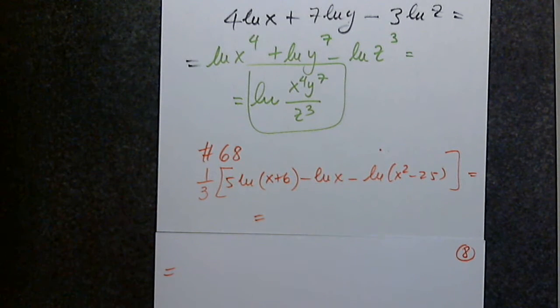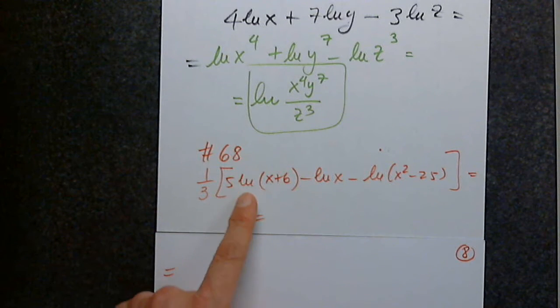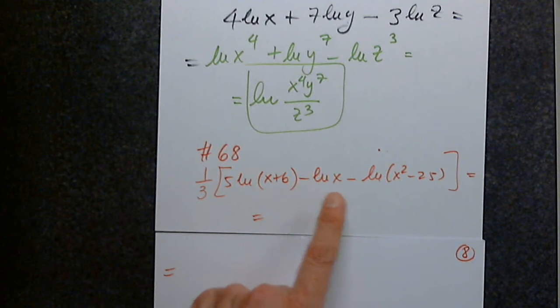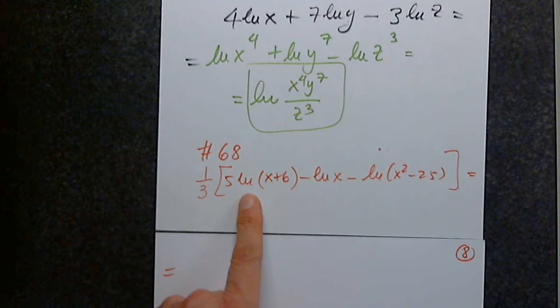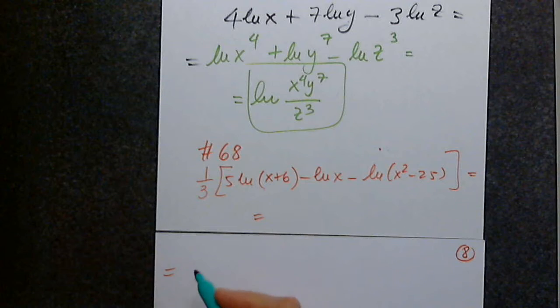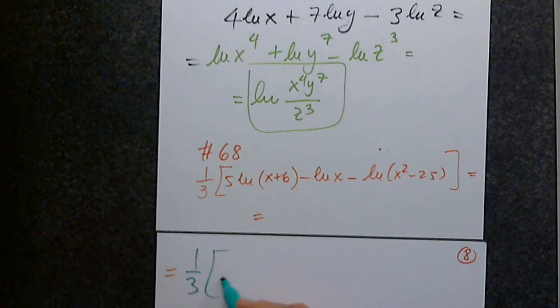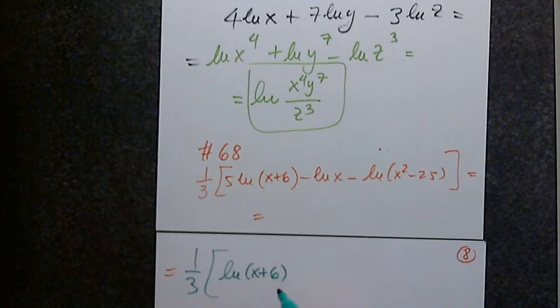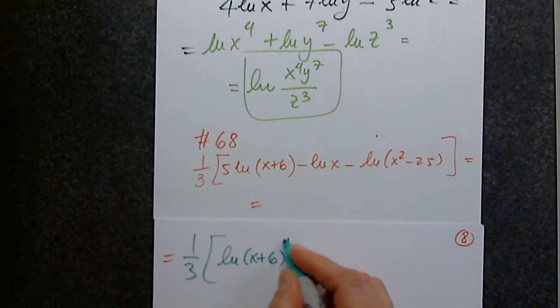It's going backwards, right? So we have to start inside the brackets. What do we do first inside the brackets? Find the number in front of the first log. This is cleaned up, this is cleaned up, but this is not. So plus 1/3 natural log of x plus 6 to which power? Sixth. Excellent.